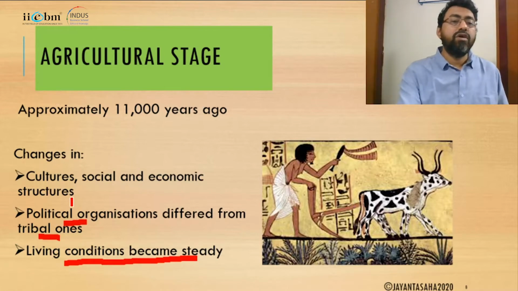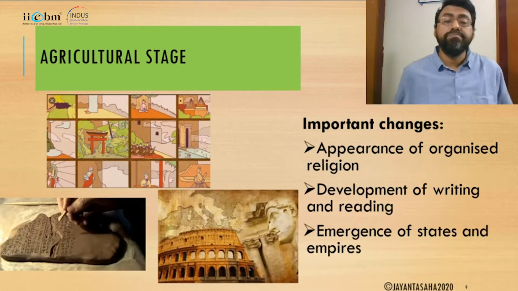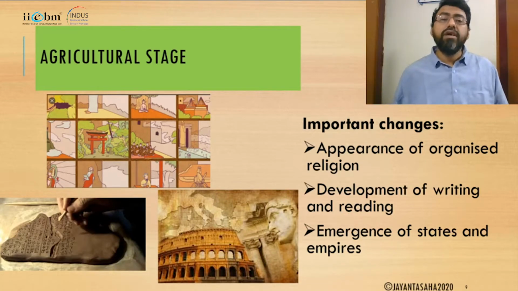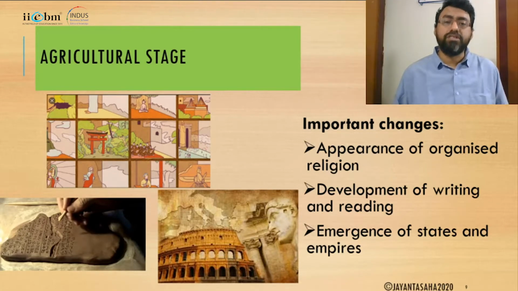So there is a lot of change in culture, social and economic structures as compared to the previous paradigm. And these changes are very important for us to understand, because there are lots of societies in existence today which are living based on settled agriculture, which are living in a feudal system, so to speak.